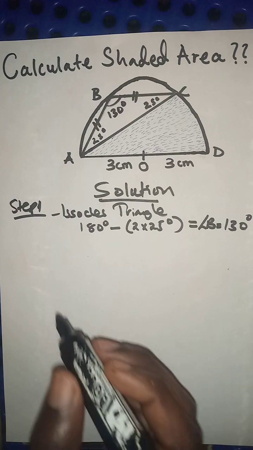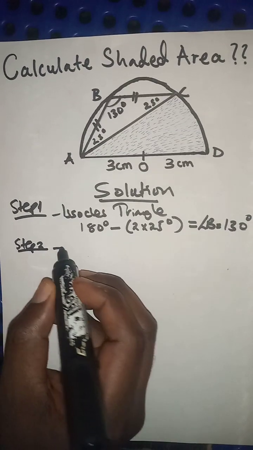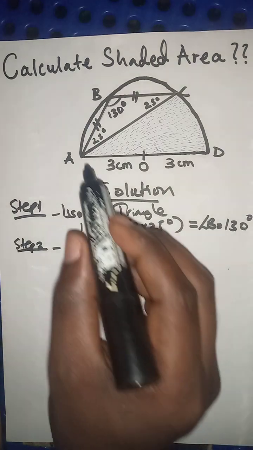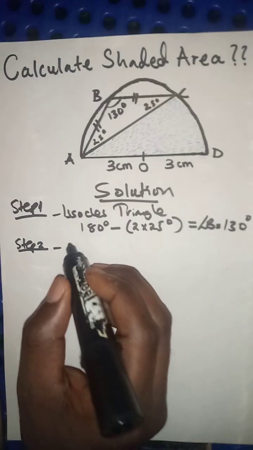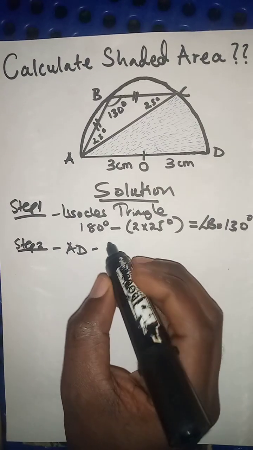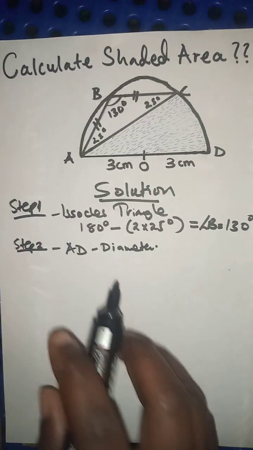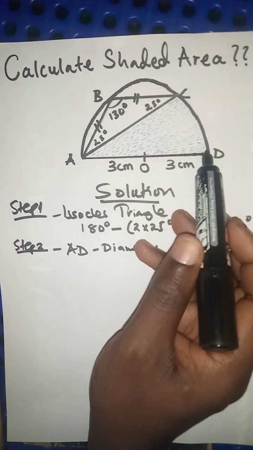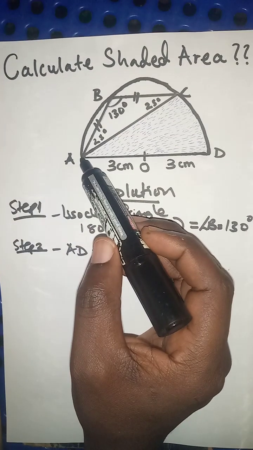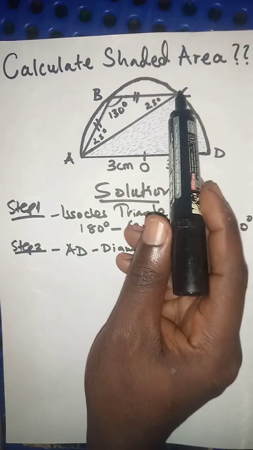Step 2. If you look at ADC, AD is our diameter, and it goes without saying that if you have the diameter, it subtends a given angle at the circumference.